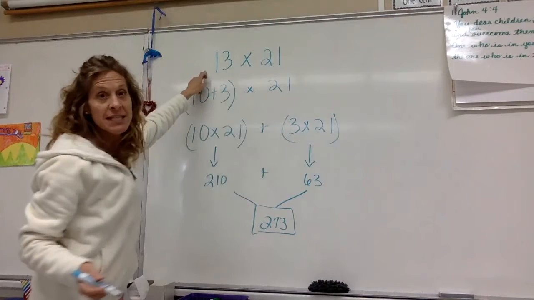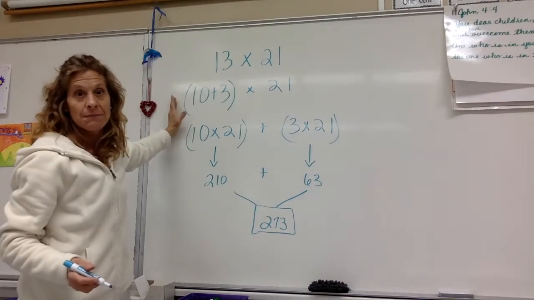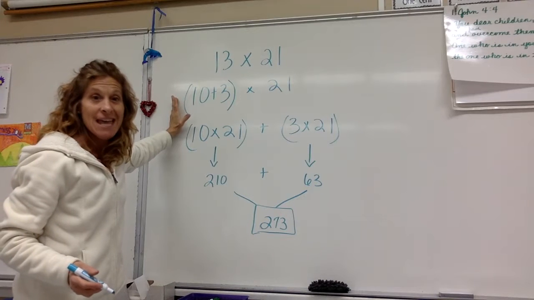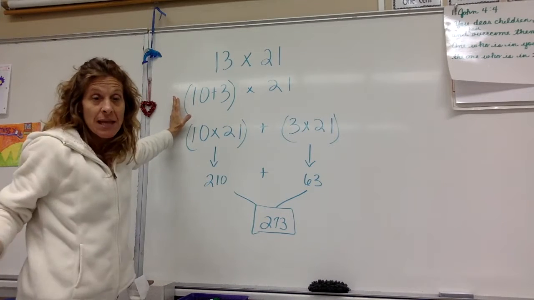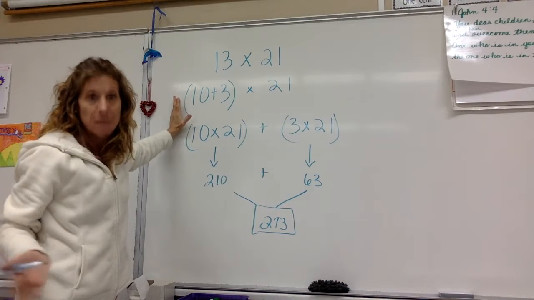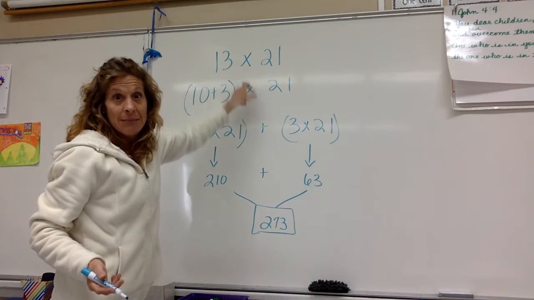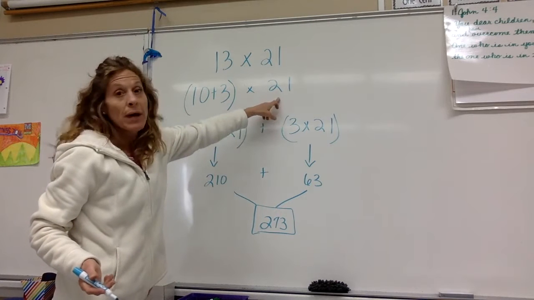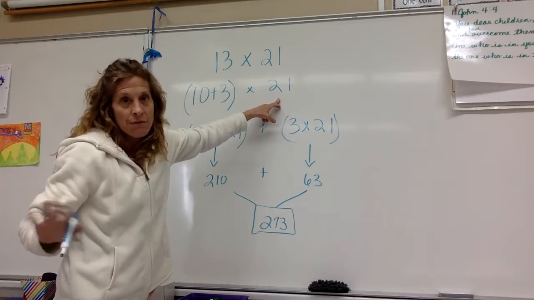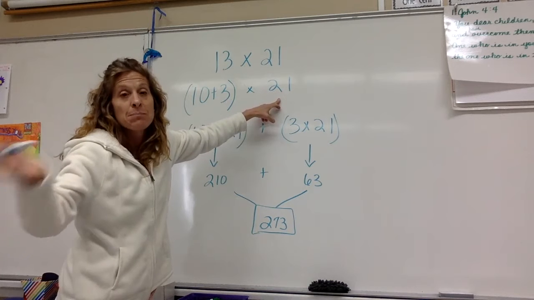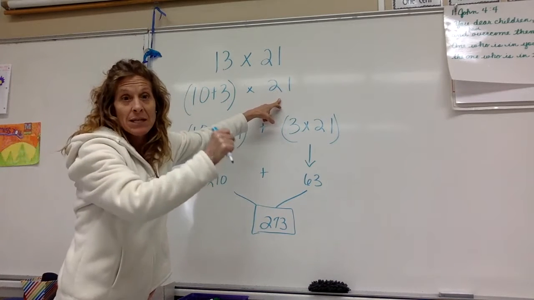We've taken the 13 and we've broken it down. Okay? 10 plus 3 is the same thing as 13. Agree? Agree. Keeping our symbol, multiply times 21. So the only thing we've changed so far is 13. We just broke it down to 10 plus 3.